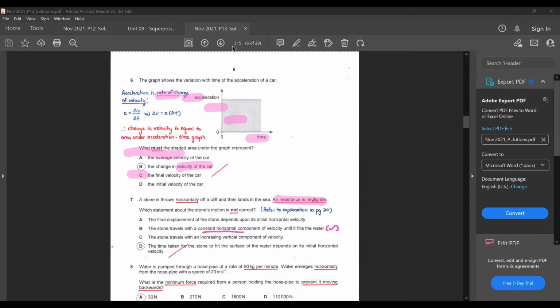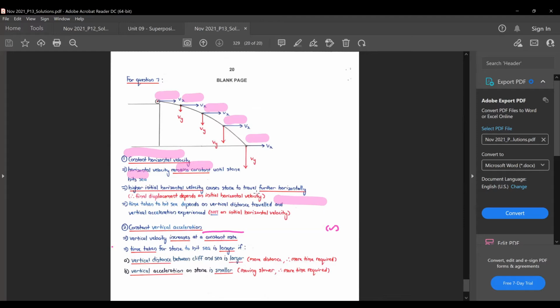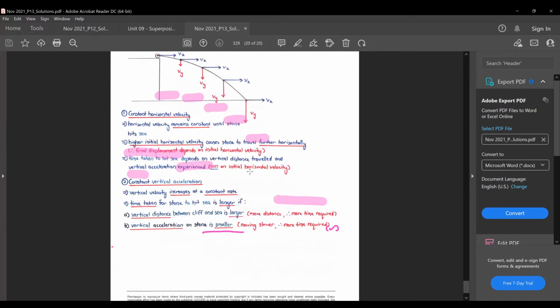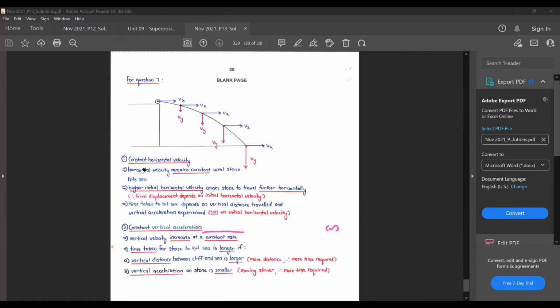Then after that, what about the rest of the answer? The other thing that we mentioned here was that it's also because you have constant horizontal velocity. You look at the horizontal velocity portion: a higher initial horizontal velocity causes the stone to travel further horizontally.